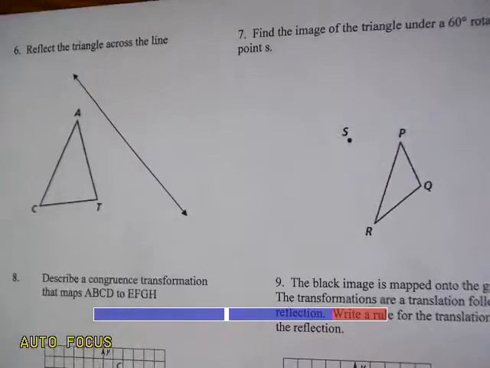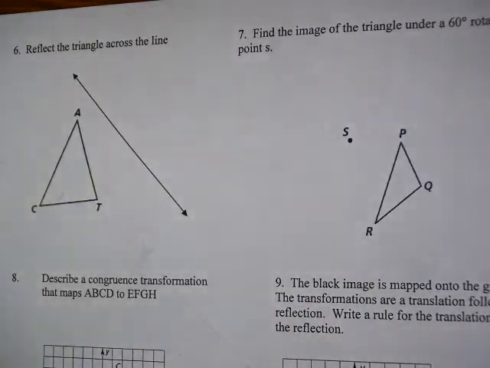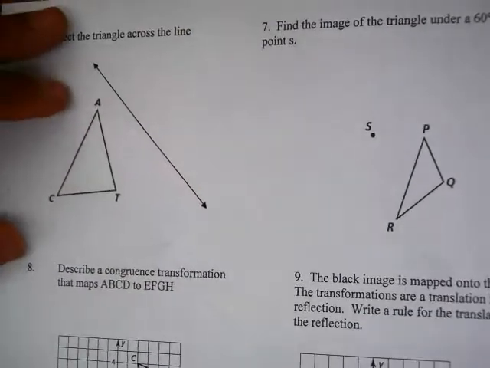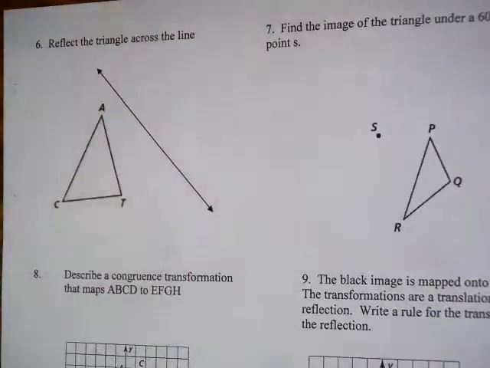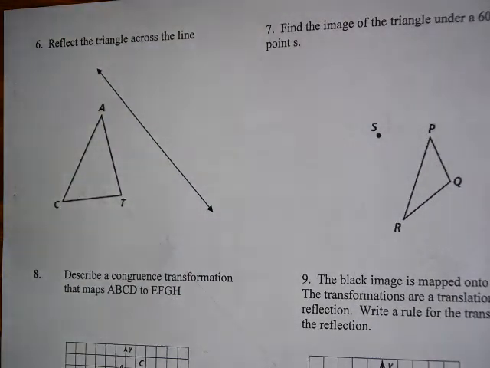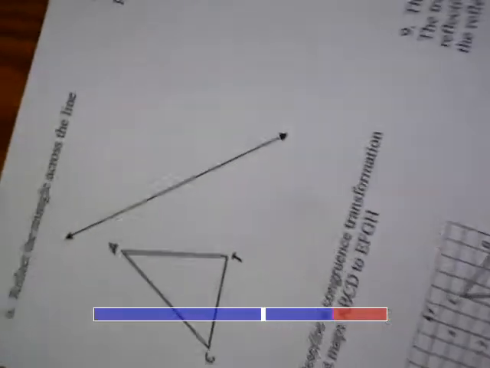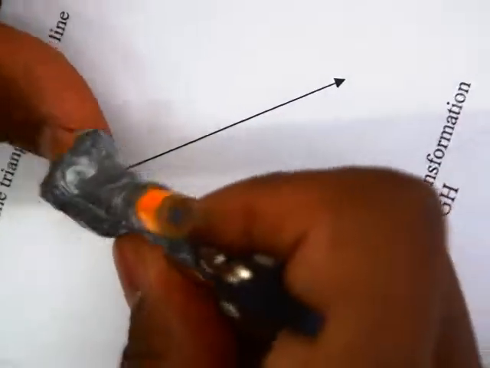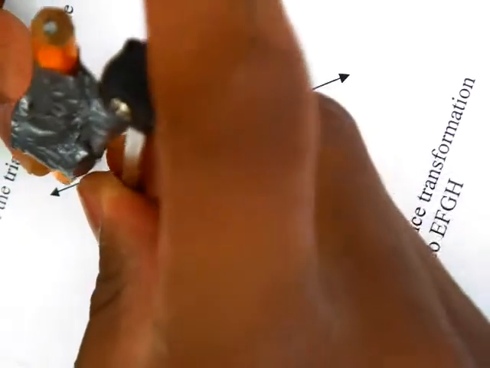Alright, so in 6 and 7 we have to do a couple of constructions. The reflection constructions. I need to reflect this triangle across that line. So my image should end up over here, but it should stay roughly the same size. I'm going to turn my paper sideways like this, so this line looks parallel to me. I'm going to start with A. I put the compass down on A, and I'm going to do an arc that intersects the line at 2 spots.